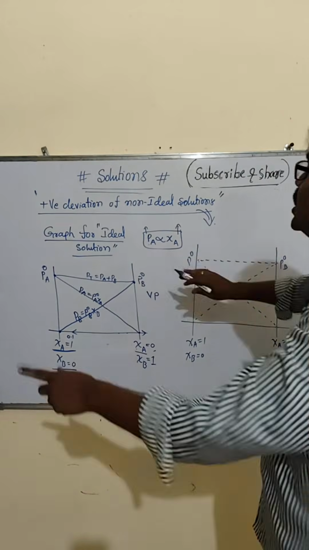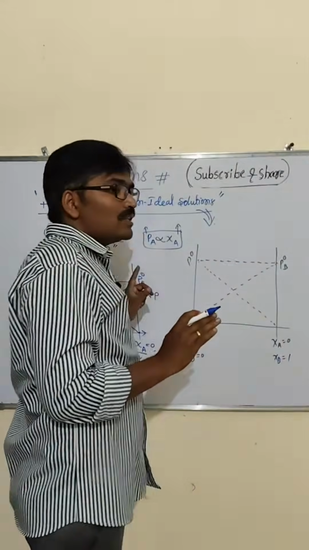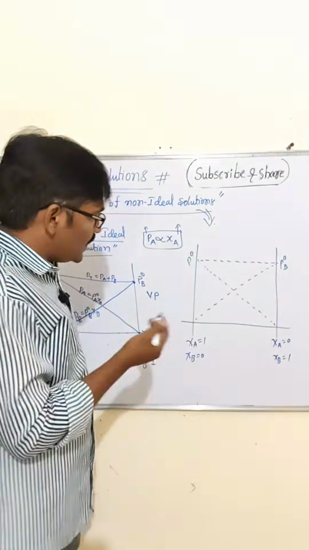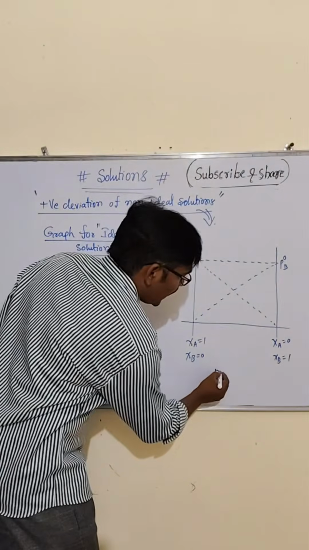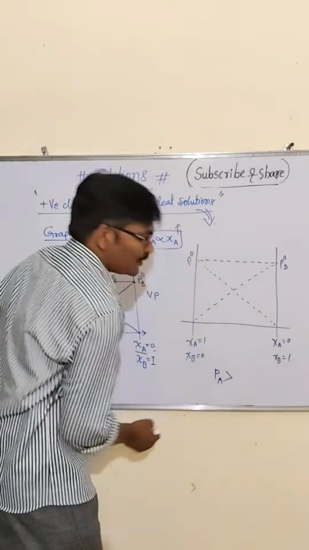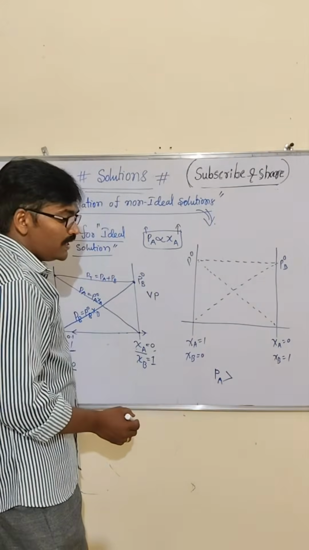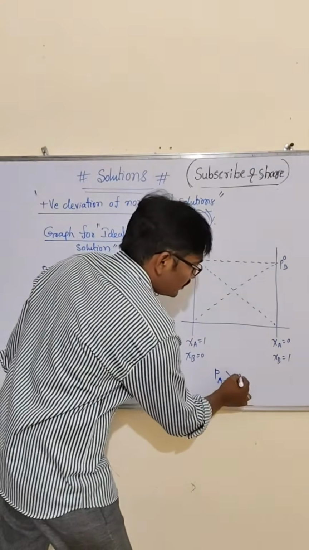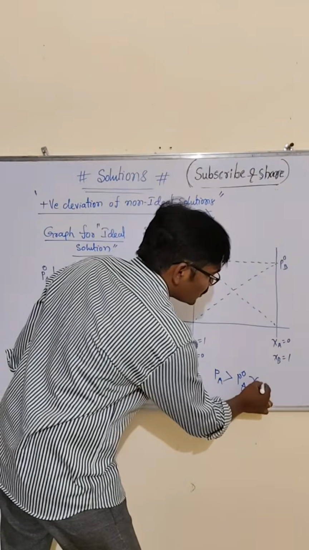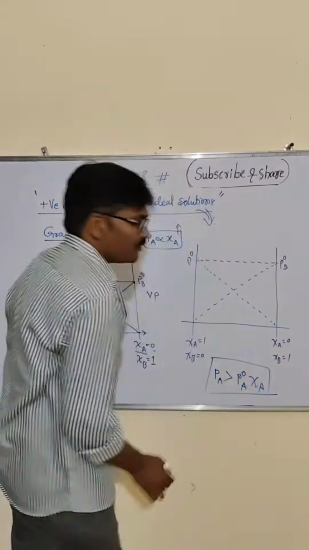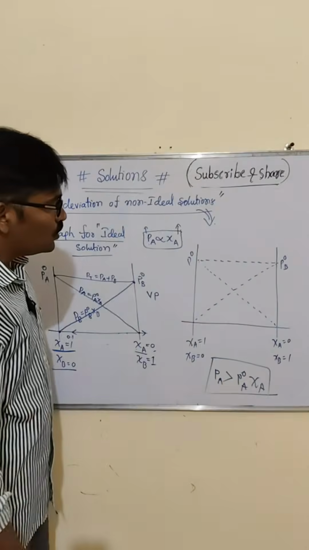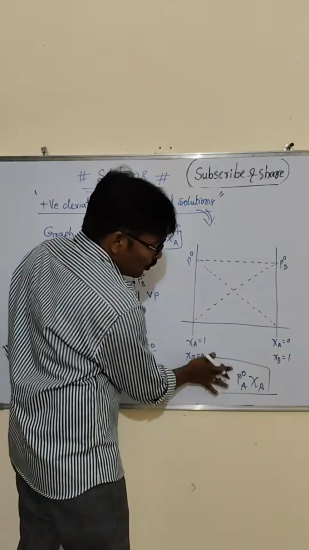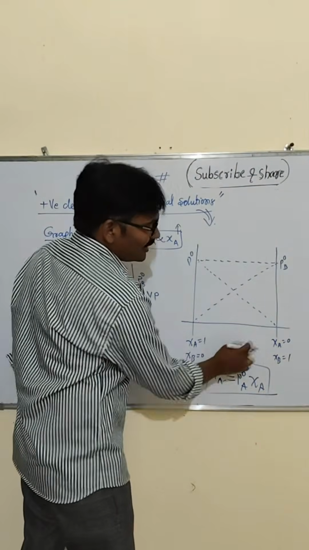Here, for positive deviation, I told that PA is greater than P naught A into mole fraction of A. In case they are equal, we can get a straight line like this.